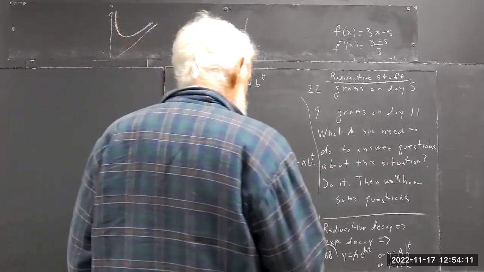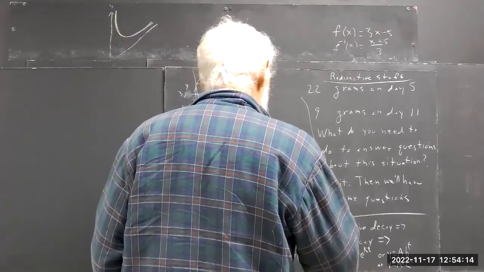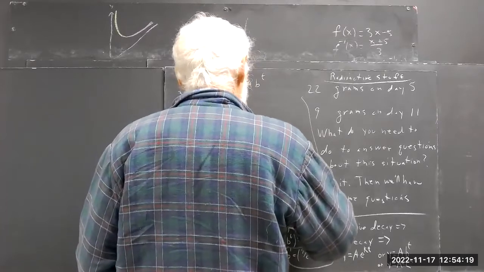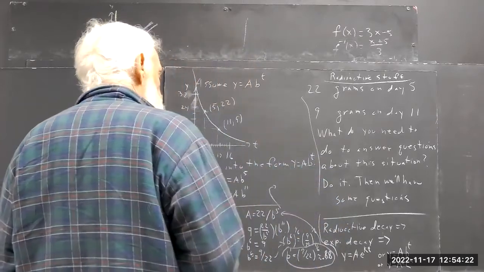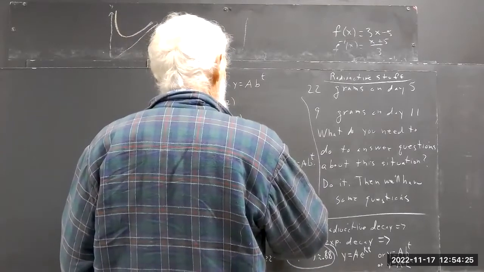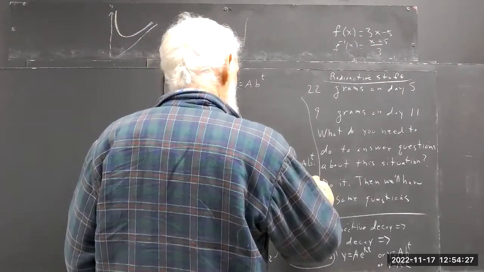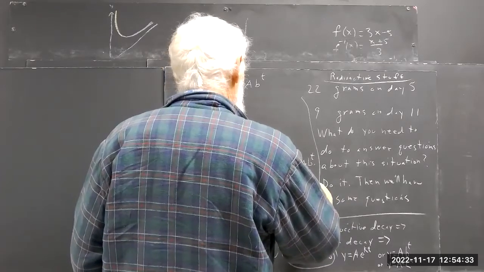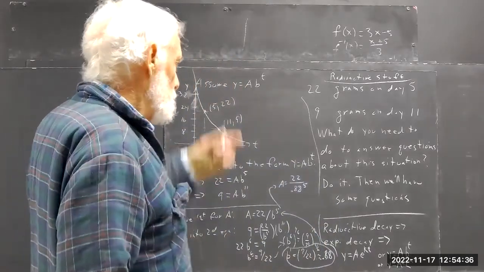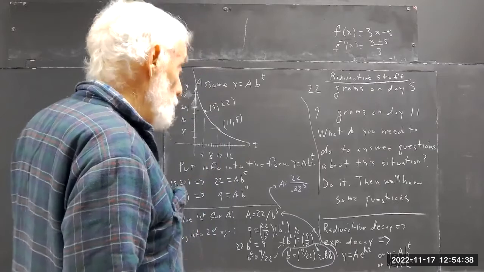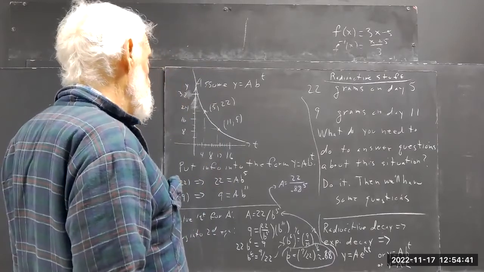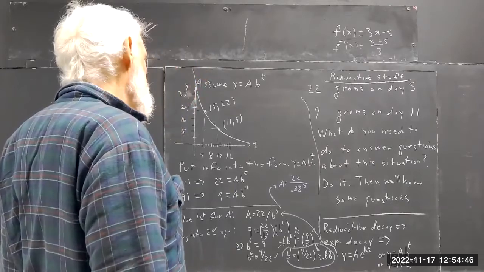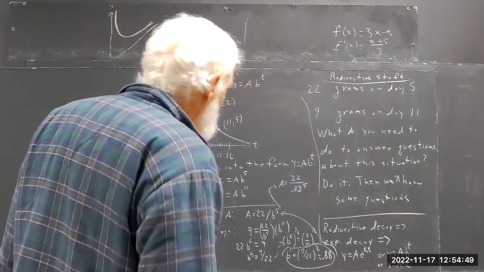Okay, 9 over 0.88 to the 5th. 0.88 to the 6th is around 0.4.